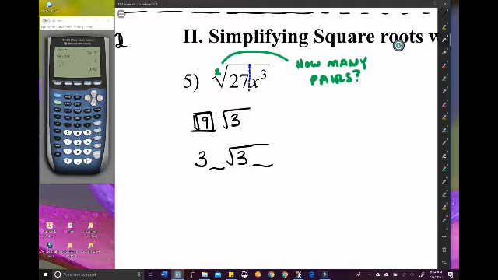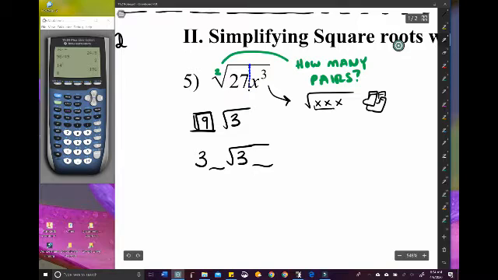If we imagine this x to the third as x times x times x, imagine this as a sock drawer almost. I have 3 socks, and there's another one hiding behind there. How many pairs of socks could you bring out if there's 3?